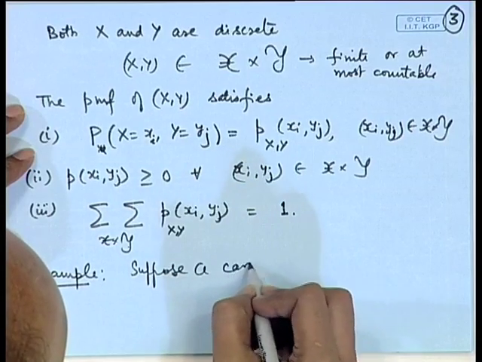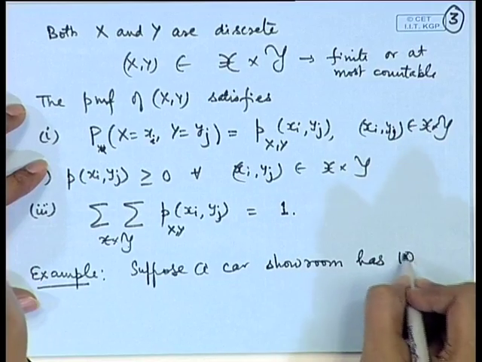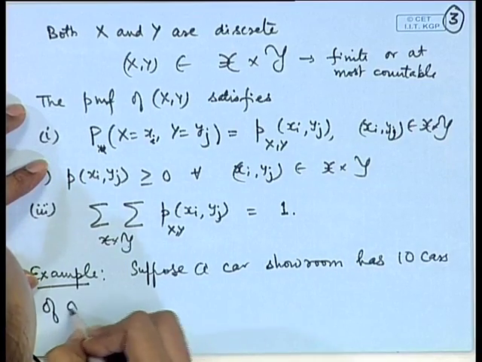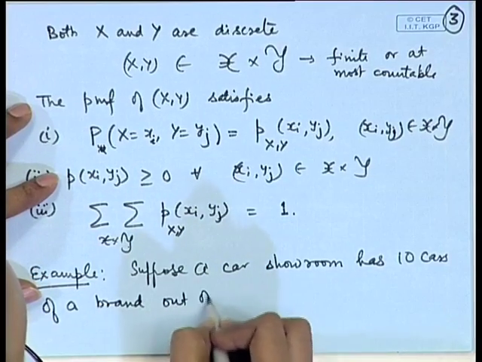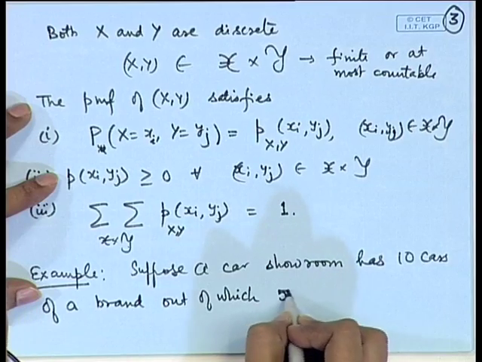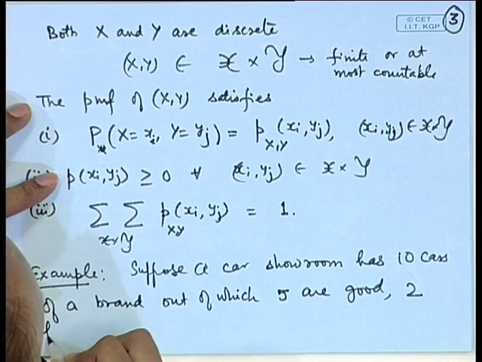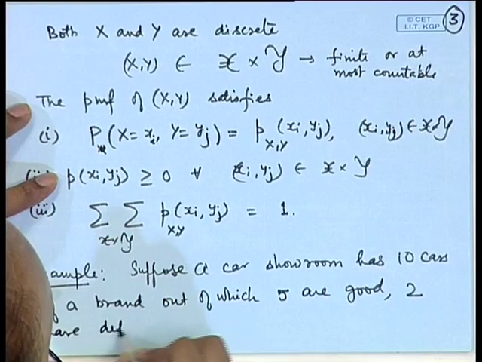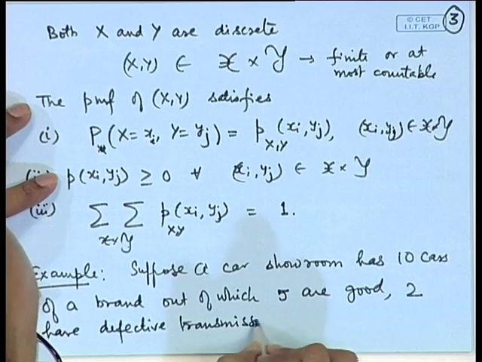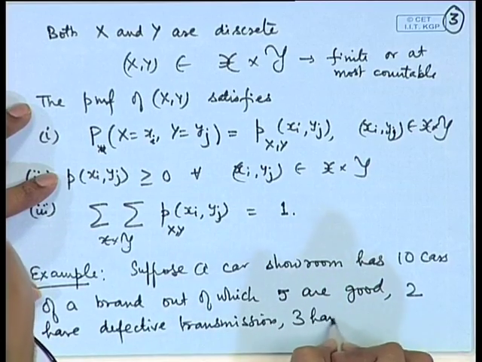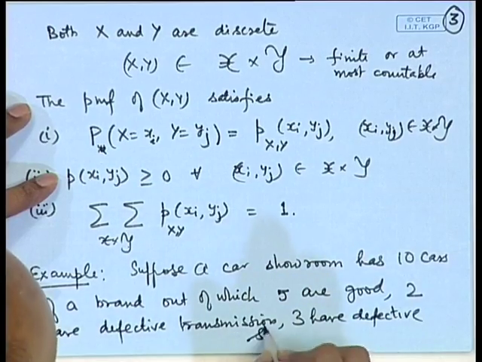Suppose a car showroom has 10 cars of a brand, out of which 5 are good, 2 have defective transmission, and 3 have defective steerings.